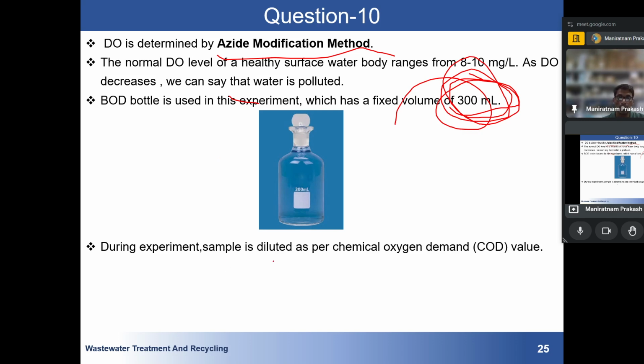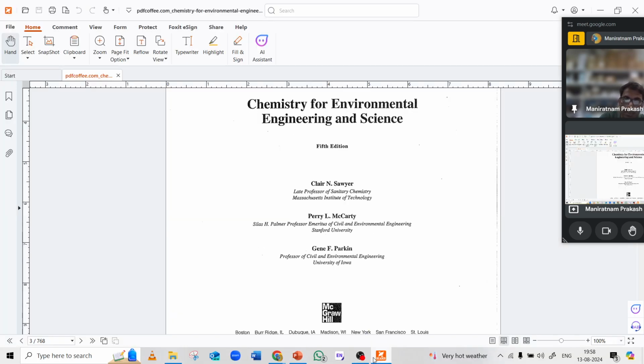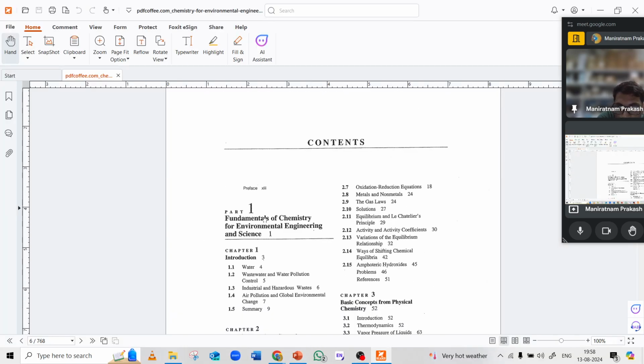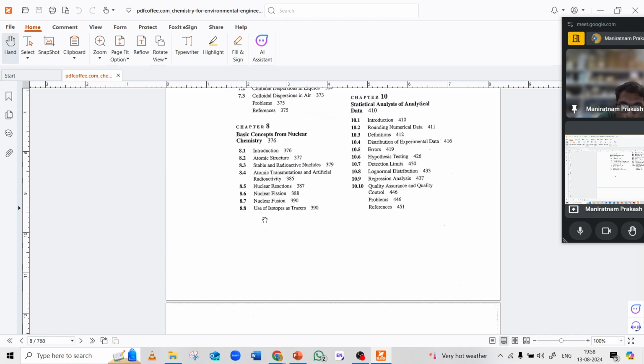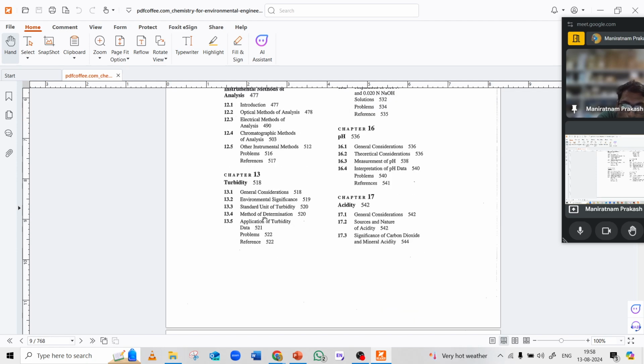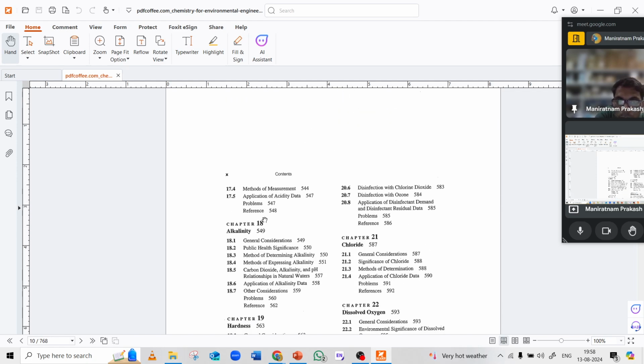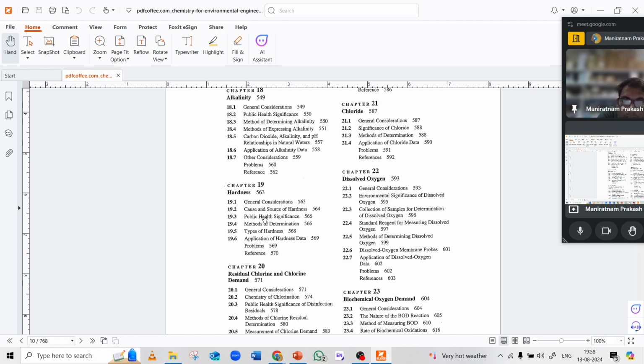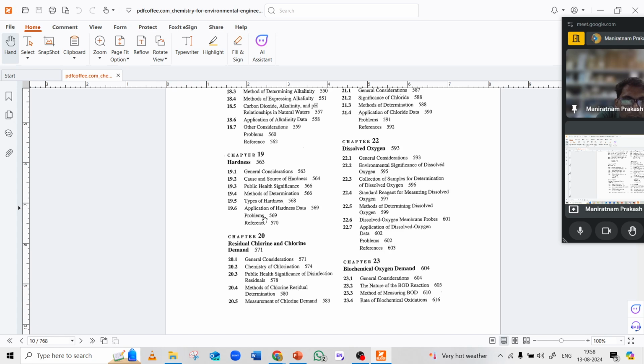During the experiment, the sample is diluted as per the chemical oxygen demand value. There is one table in this book that defines that if this much is your COD, then you have to dilute this much, because we know that the DO of the system is between 0 to 8 milligram per liter only.